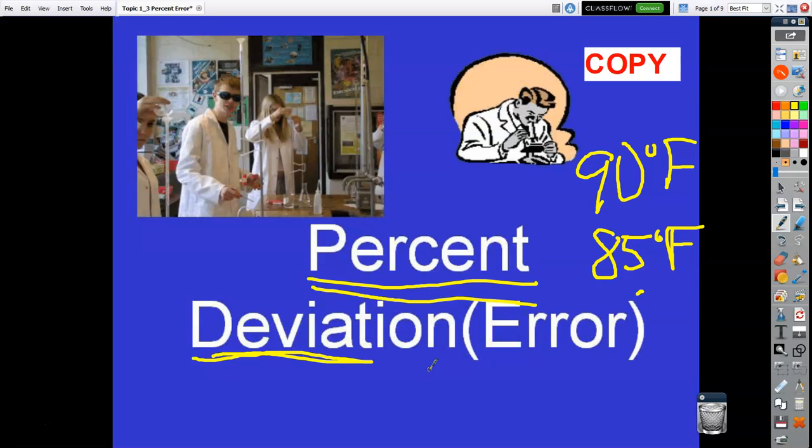The doctor says, the other boxer broke your nose, you have a deviated septum. The septum is the cartilage in the middle of your nose, and it's now split or twisted. So deviation just means to be off.